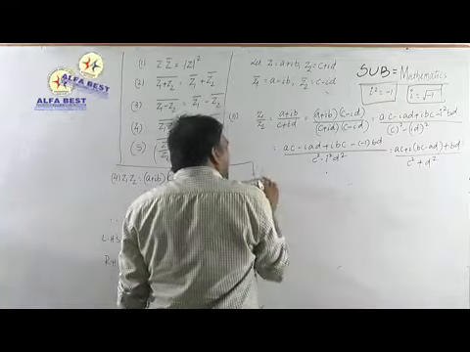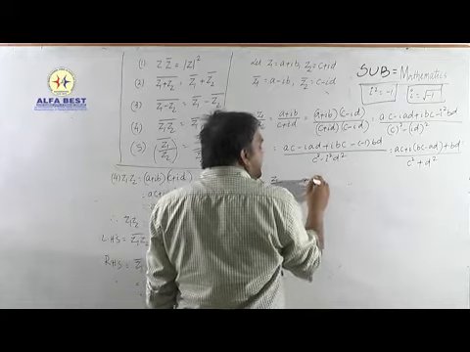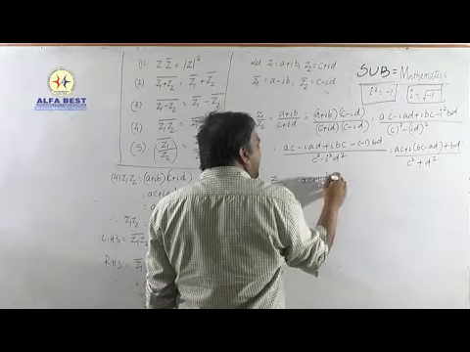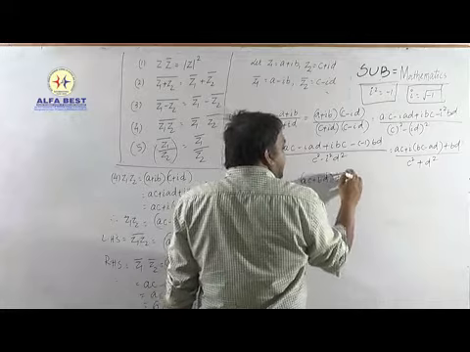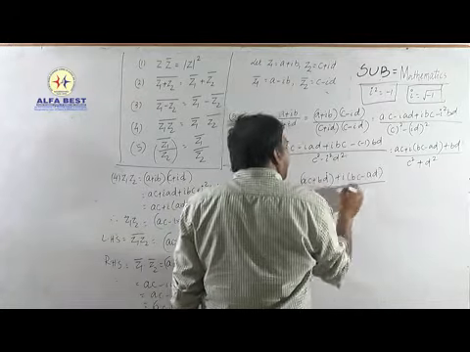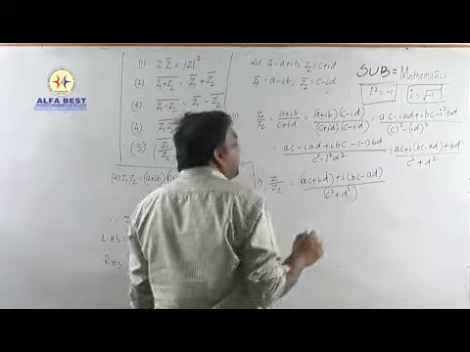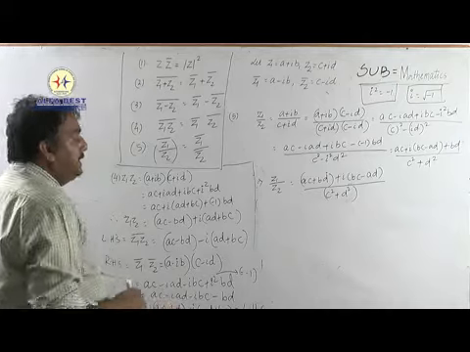So what will be Z1 by Z2? This is AC plus BD plus I into BC minus AD divided by C square plus D square. This is your Z1 by Z2.